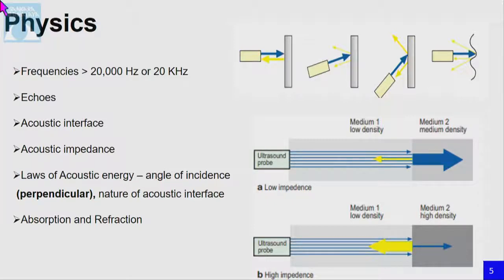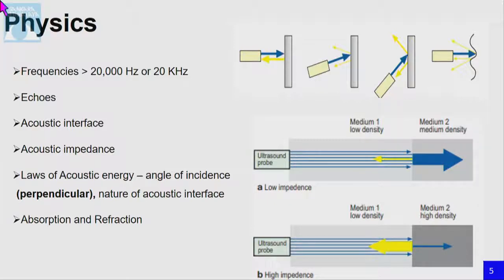So the acoustic impedance of a particular media is defined as the sound velocity multiplied by the density. And the law of acoustic energy says that the angle of incidence is equal to the angle of reflection, so the beam should be perpendicular. Which we apply here.